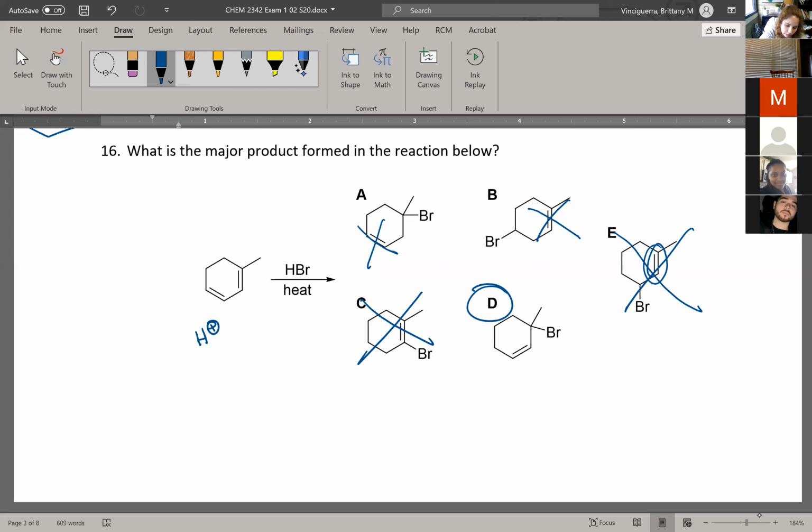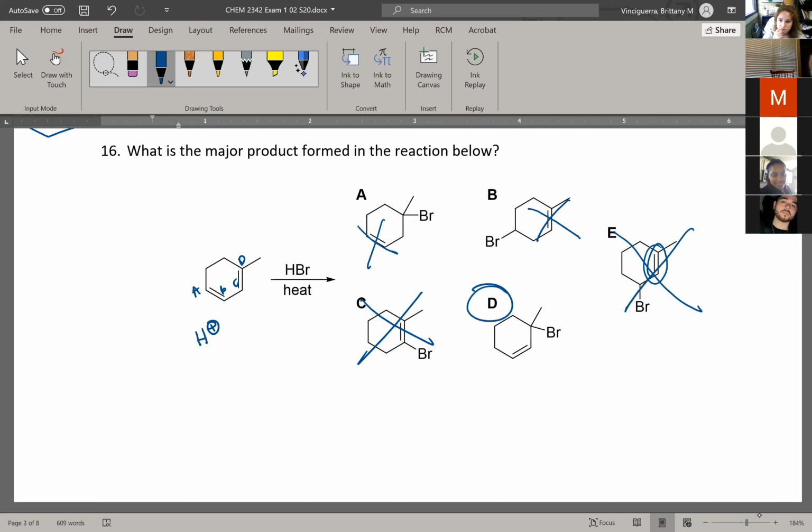Let's go ahead and label carbons as A, B, C, and D. Where should I put the proton in order to get the most stable carbocation? In the tertiary position? Is it D? Well, where should the proton go though?